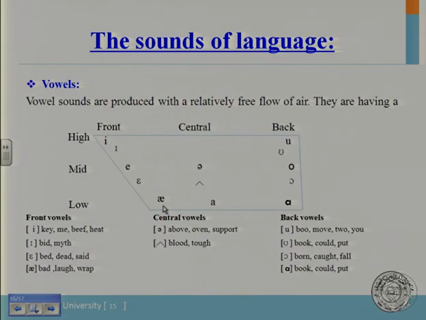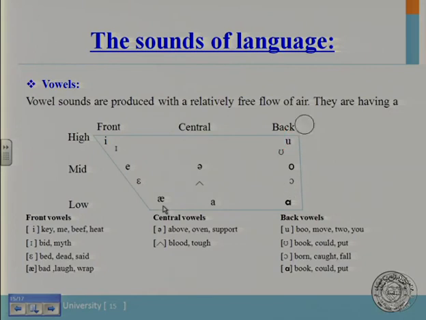The third group is the back vowels. We have four vowels here. The first is the long vowel "oo," as in boo, move, to, or you, which can be represented by this sound. The second is the short vowel, as in book, could, put. It's a short vowel.